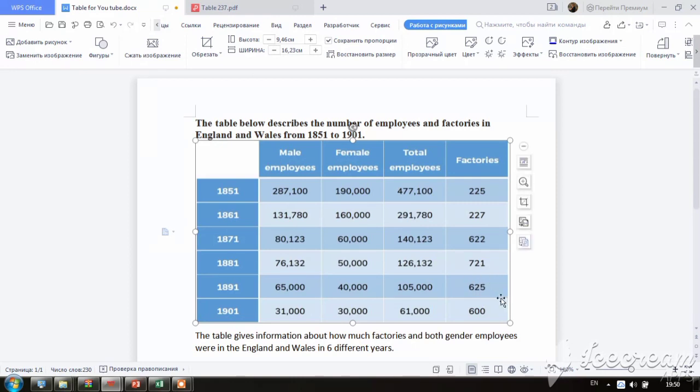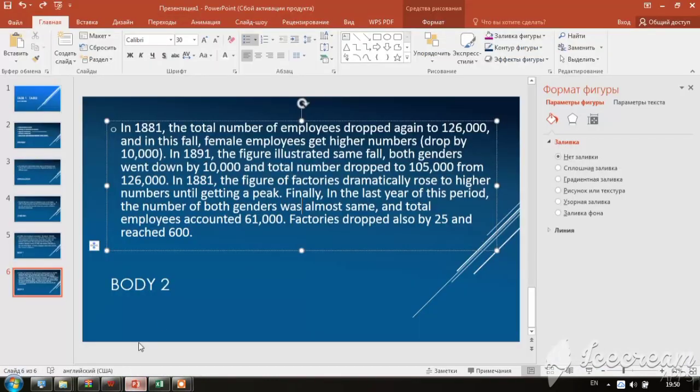In total it was 61,000. But factories again dropped from 625 to 600.